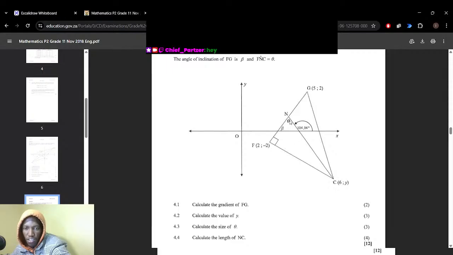We know that NC and FC are intersecting at C, and we know the gradient of FC, but we don't know the other. So if we were to extend this line, what will the gradient be? Let's write it down.